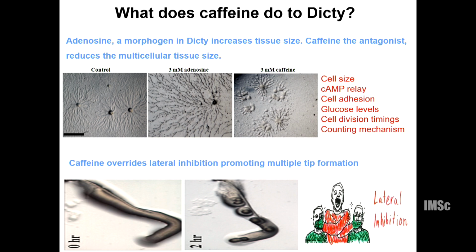So this is a very nice problem to look at lateral inhibition. Caffeine is an antagonist of adenosine. With high levels of adenosine, the slug front does not allow one more tip to be formed along the slug axis. When the adenosine activity is blocked, then you have multiple tips that are formed. This is the typical form of lateral inhibition that you can see here. Sometimes you really wish you could do this.